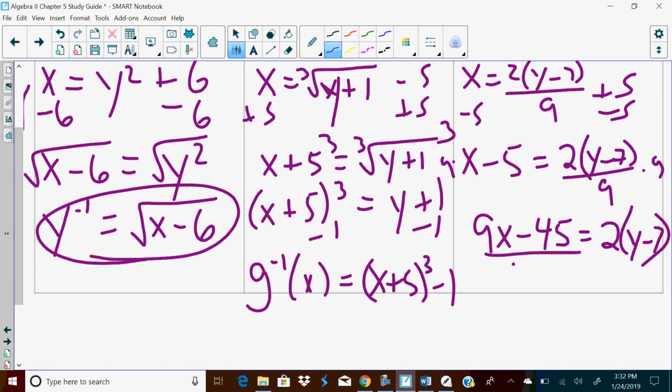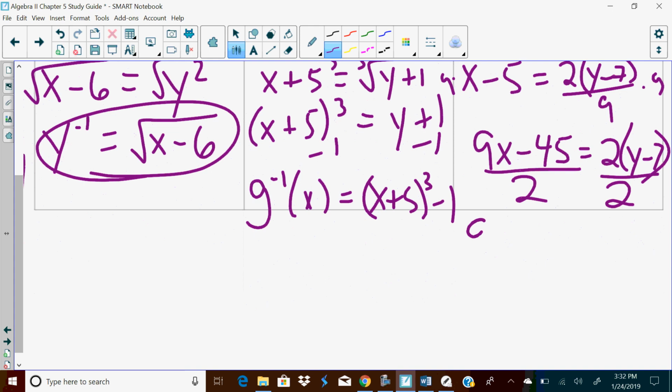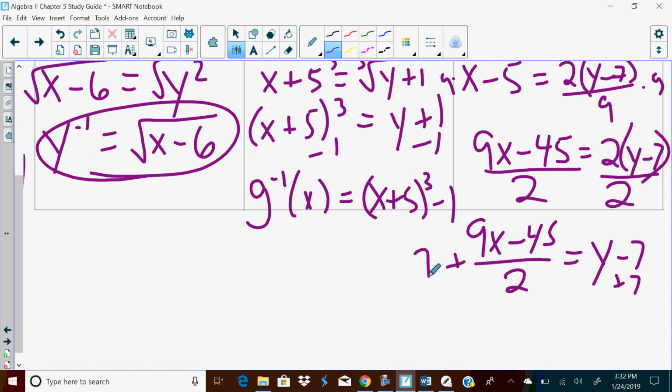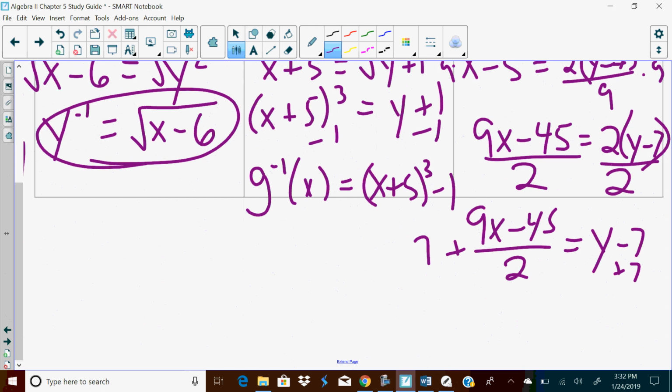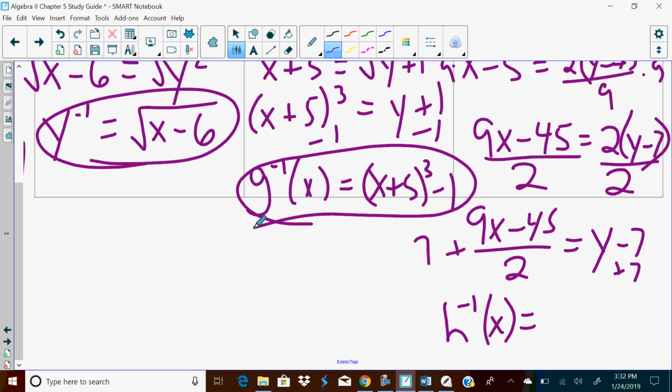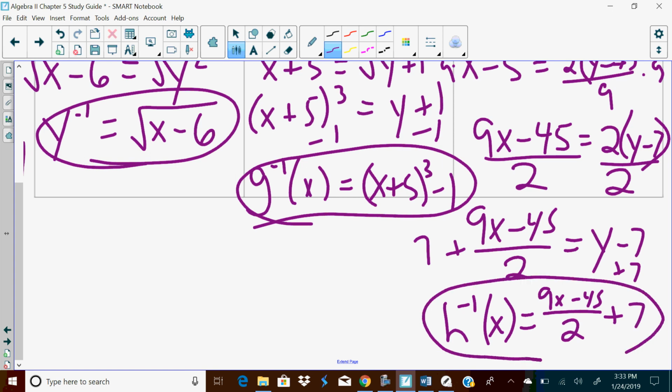So I'm going to divide by 2. So now I'm going to get 9x minus 45 over 2 equals y minus 7, and add 7 to both sides. So h to the negative 1 of x is going to equal 9x minus 45 over 2 plus 7. And I can leave it like that. I could simplify further if I wanted to, but at this point, there's no need to.